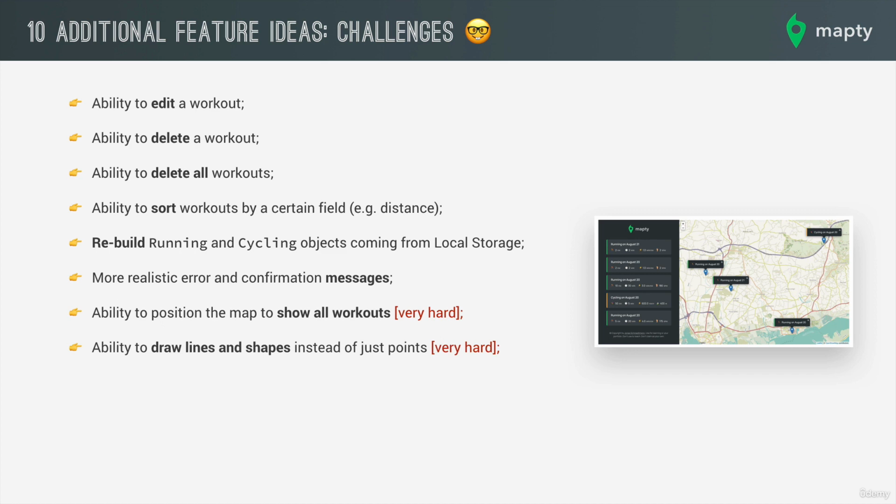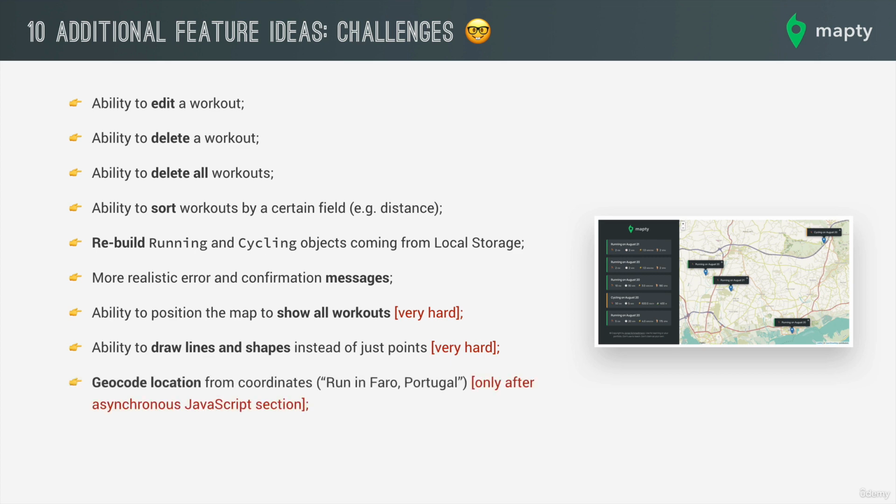And finally, I have two more challenges to improve this project that you could only implement after the next section, but let me still show them here. So you could geocode location from the coordinates. So you could use a third-party API to plug in the coordinates, and that would then give you back the real location.